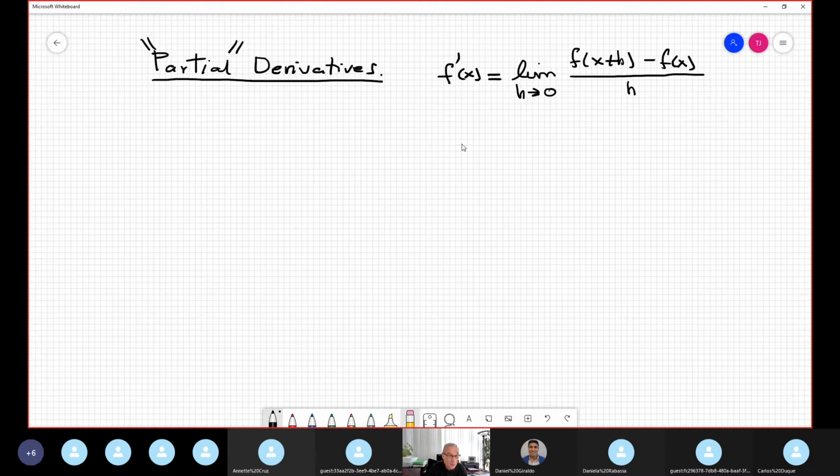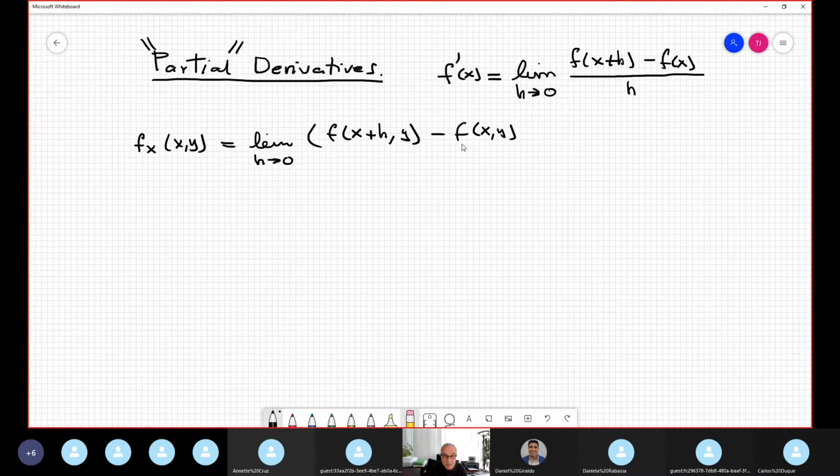So we find, for example, the partial derivative in the direction x at the point x comma y, and the definition is the limit, again, when h approaches 0, the same idea, of f of x plus h comma y minus f of x comma y divided by h.